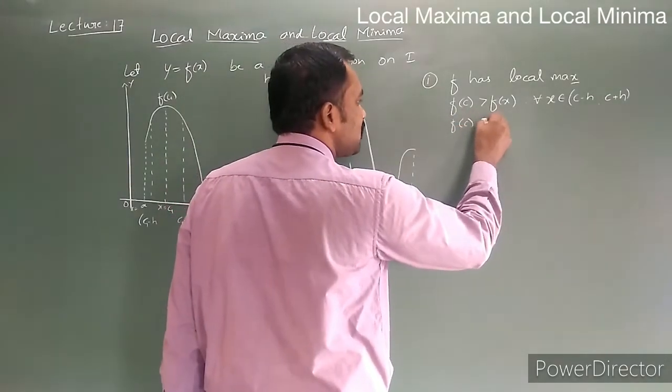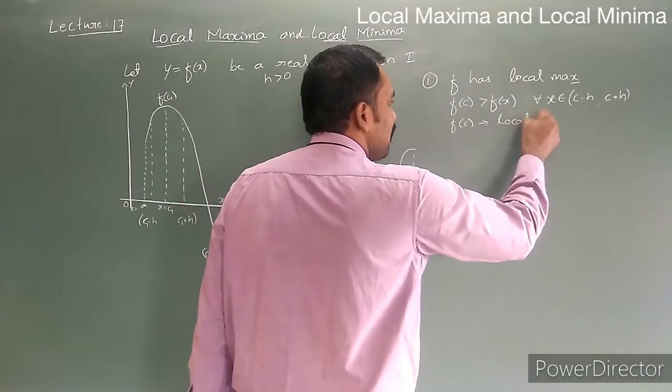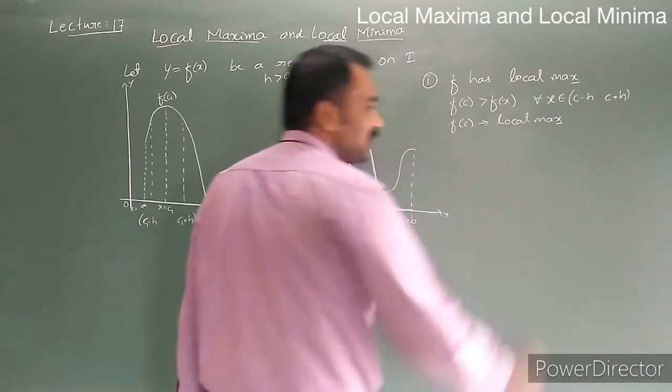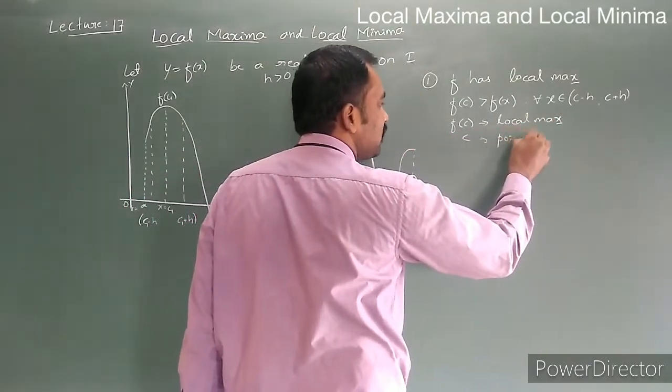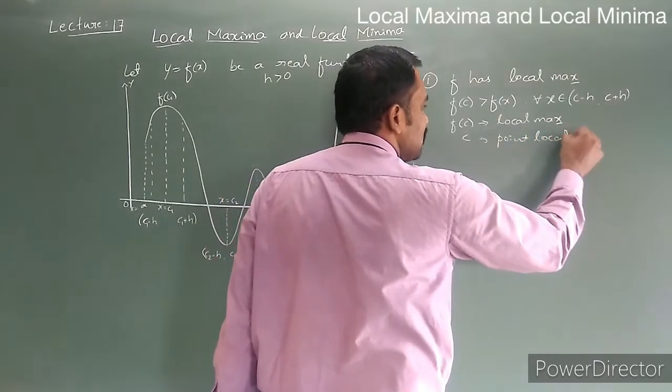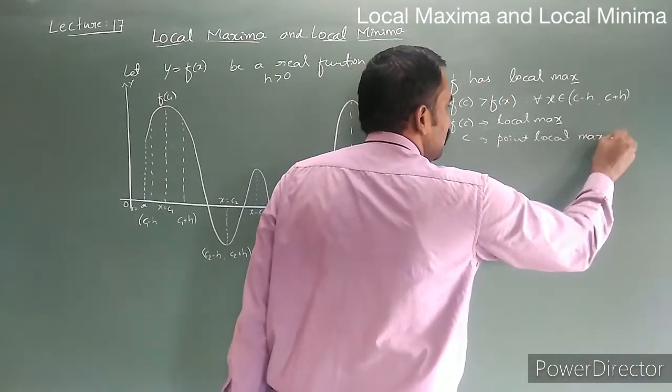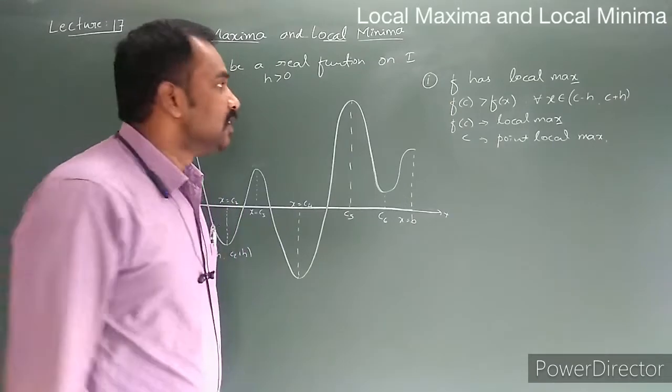Then this f of c is called a local maximum value, and c is called a point of local maximum.